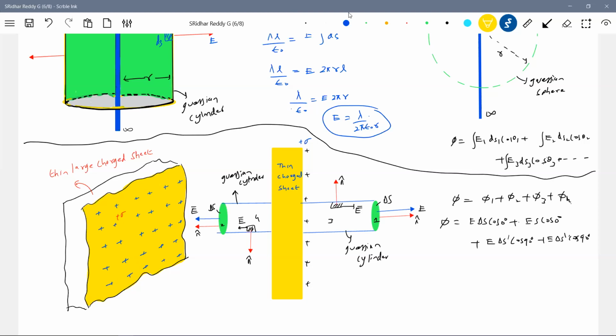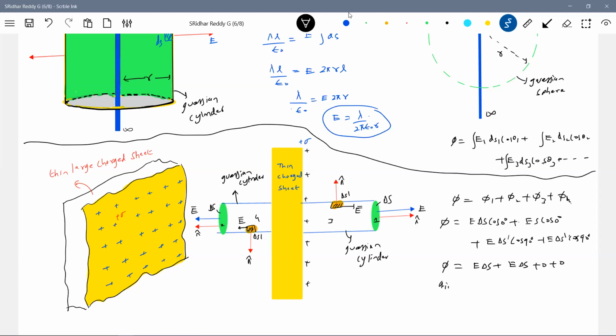This surface I'll indicate by some other color. So this will be E delta S, 0 plus 0.